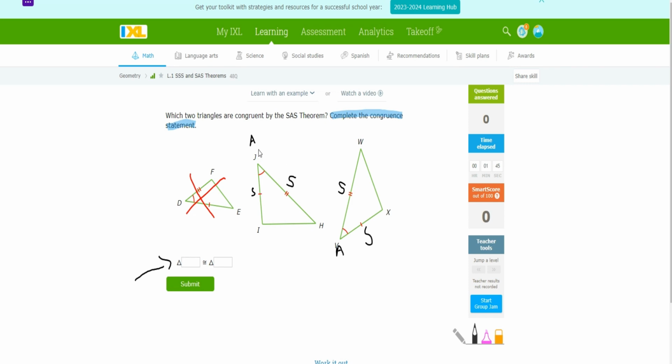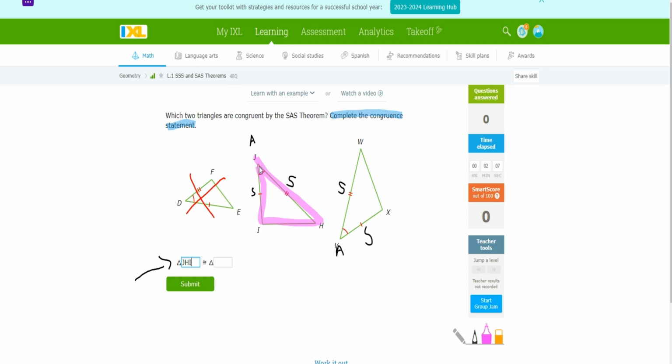So I'm going to call this triangle JHI. I need to go in the same direction for this triangle here.